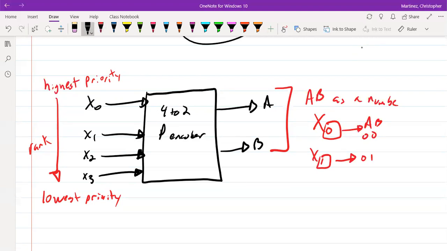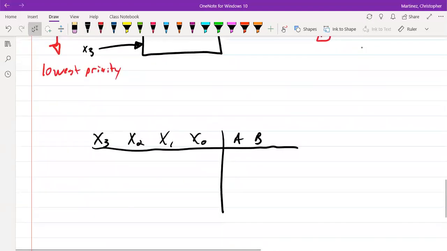All right, so let's start drawing out a characteristic table. In this table, we have X3, X2, X1, X0 as our inputs, and A and B as our outputs. The way the priority encoder works is whoever has the highest priority gets to go first. So take the example of the ambulance and the two cars.